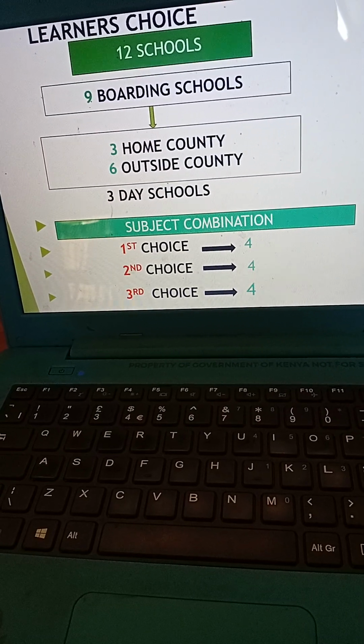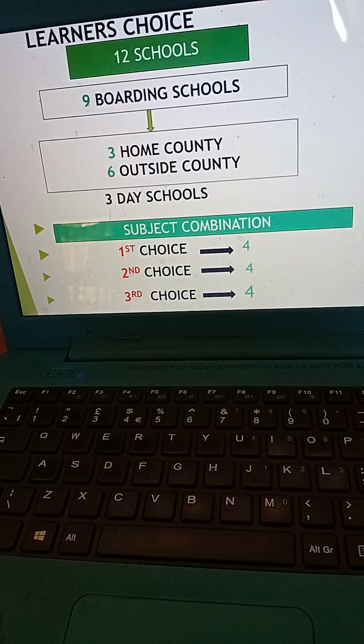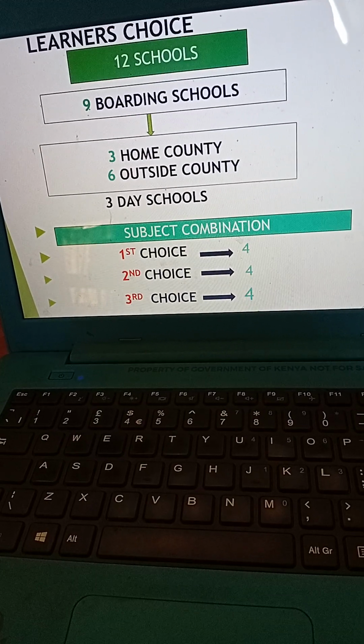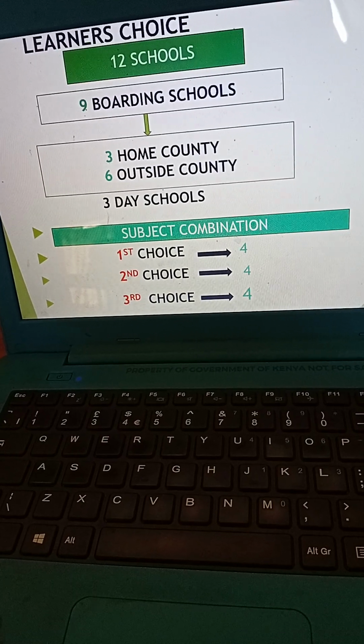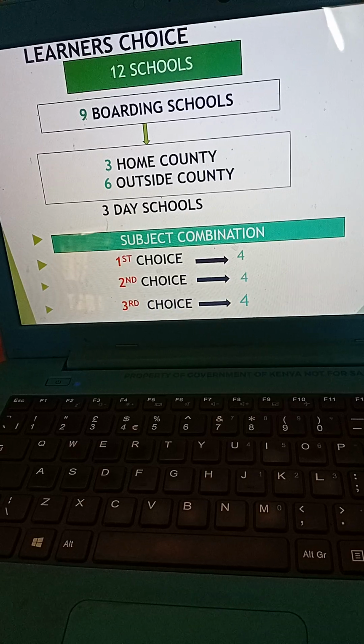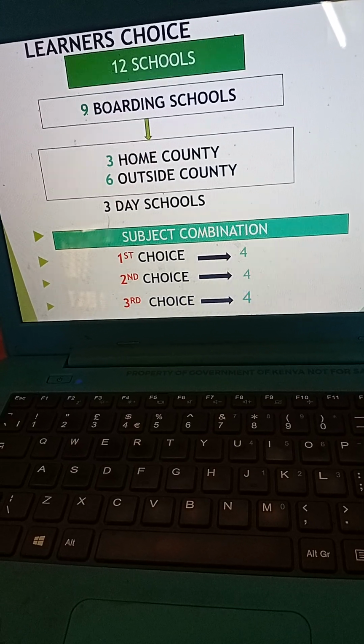For the first choice, there are 4 schools, and in each school you select 3 subject combinations. And then in the second choice, you repeat the same. Third choice, you repeat the same.